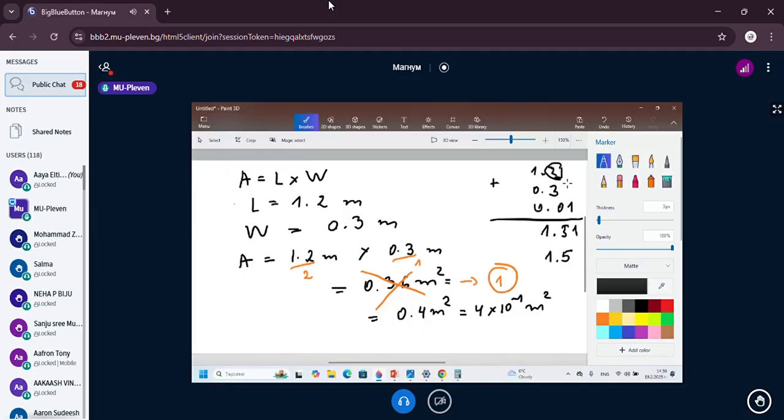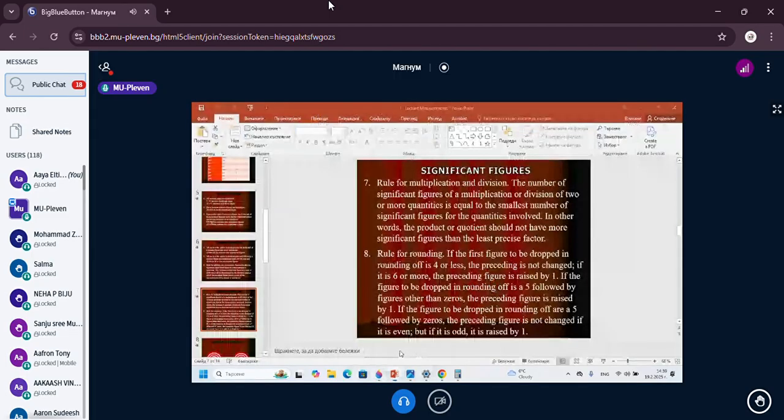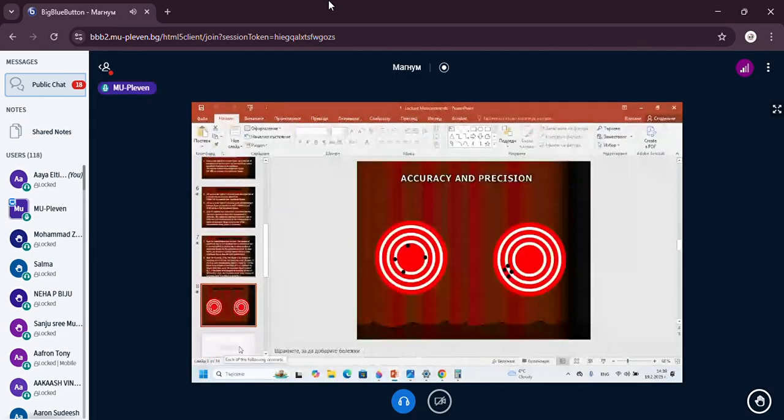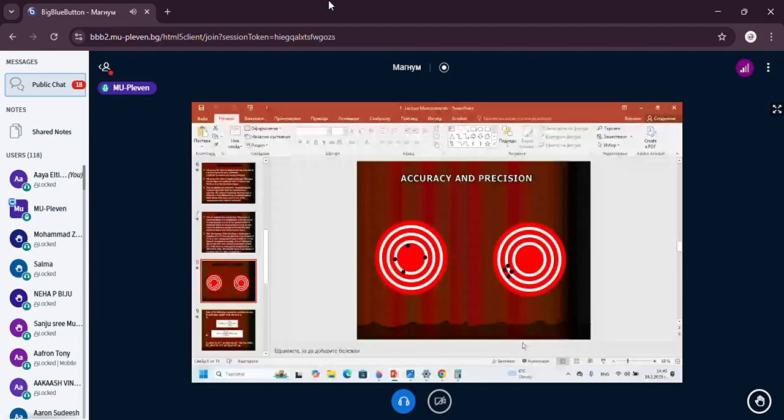And now I would like to discuss a bit the difference between precision and accuracy. Since if we deal with measured quantities, and since measurement contains error, we need to evaluate the degree of uncertainty, a way to quantify uncertainty.